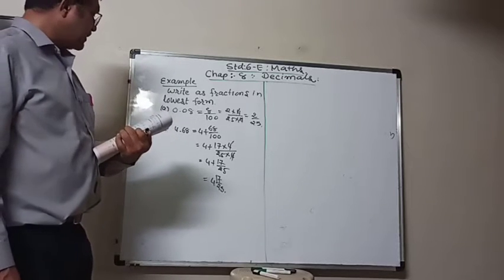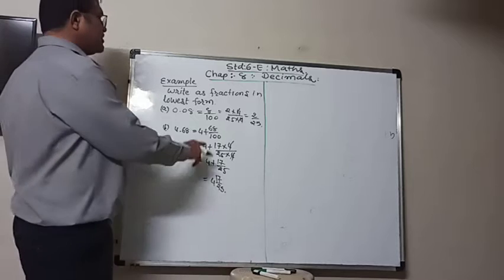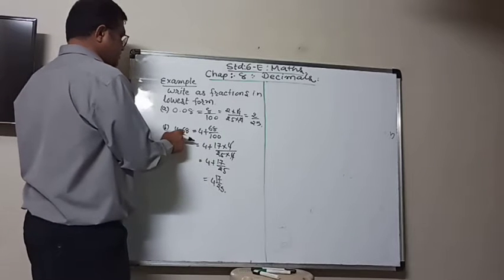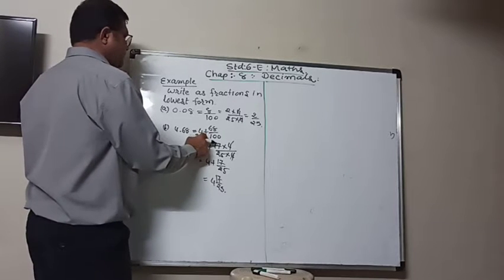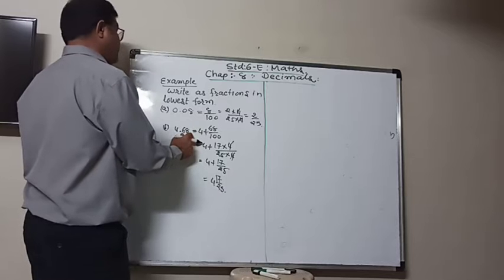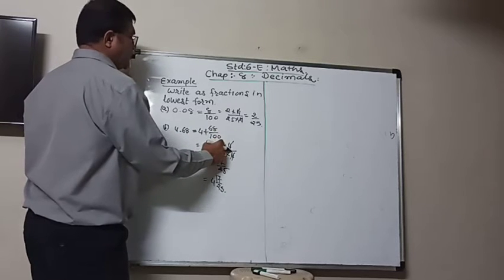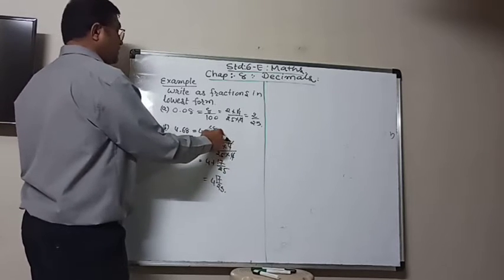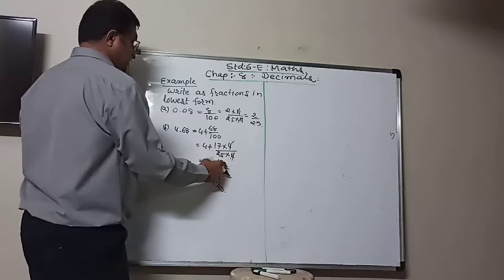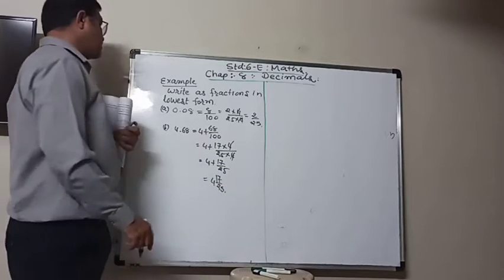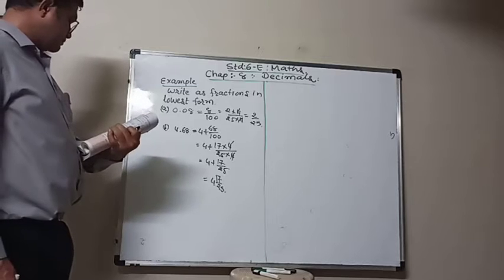So by that method also, that will be easier. Keep the whole part here and the after decimal part you write down as 68 upon 100 and then you simplify only that, and at last you write down as a mixed number.